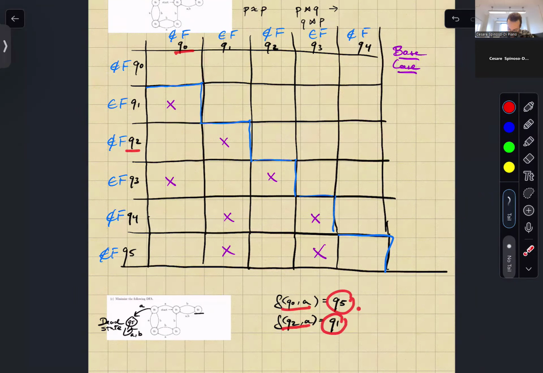Now the question is, are these two distinguishable? If I look at my table, Q5 and Q1 is here. There's an X marked, so that means that they are distinguishable. And therefore, this implies that Q naught is distinguishable from Q2.